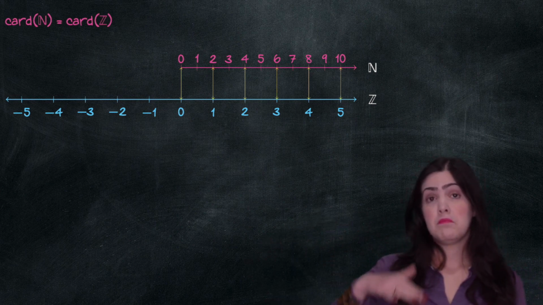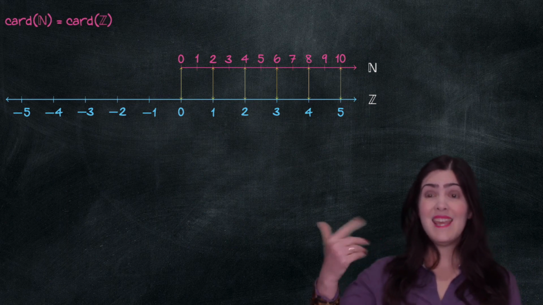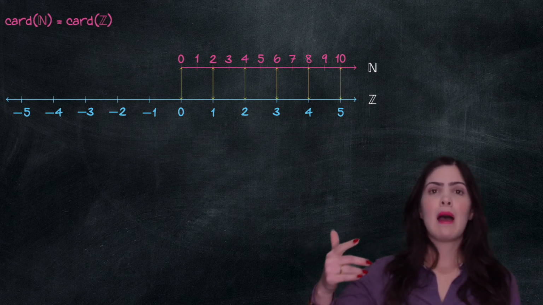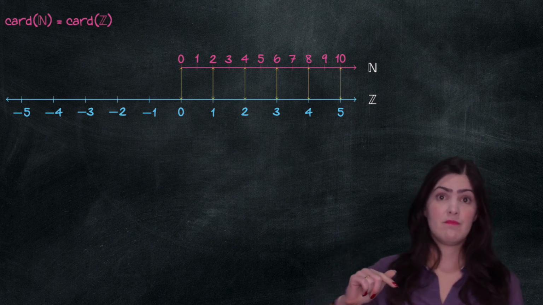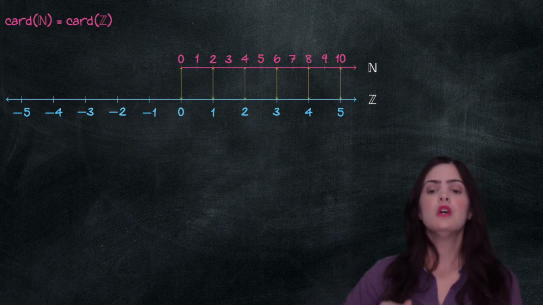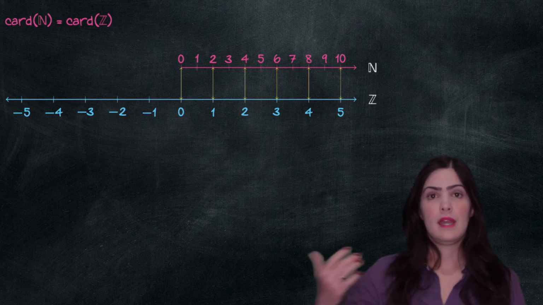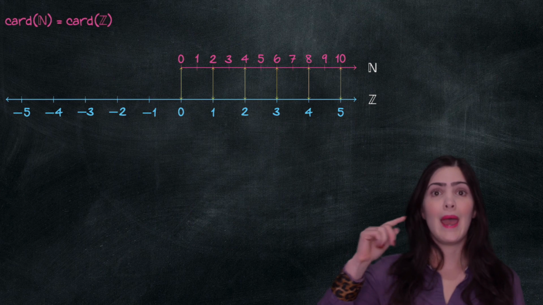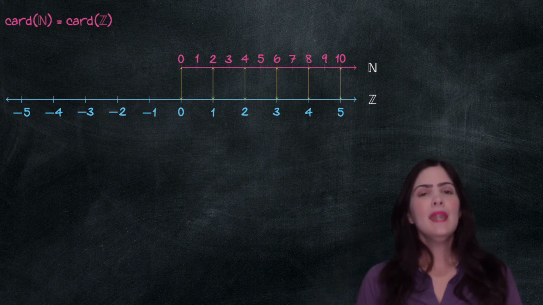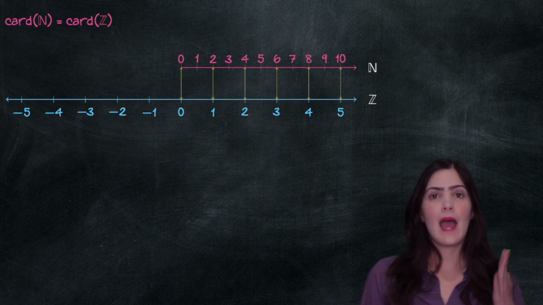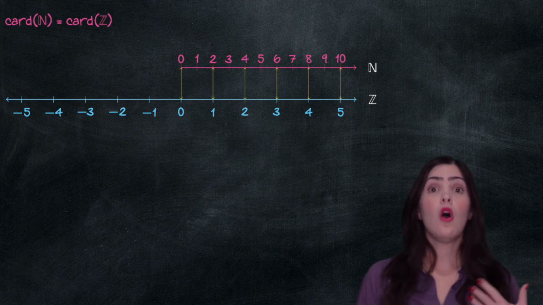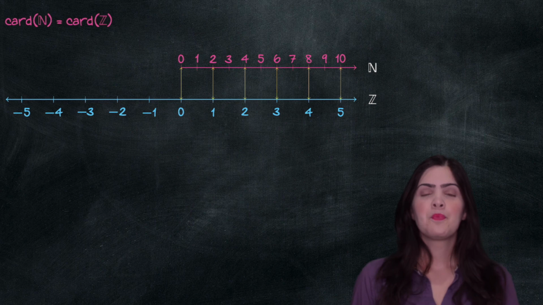If I have a natural number that happens to be even, I want to map it to the integer that turns out to be just half of that number. So if I have a natural number n that is even, I will map it to n over 2.